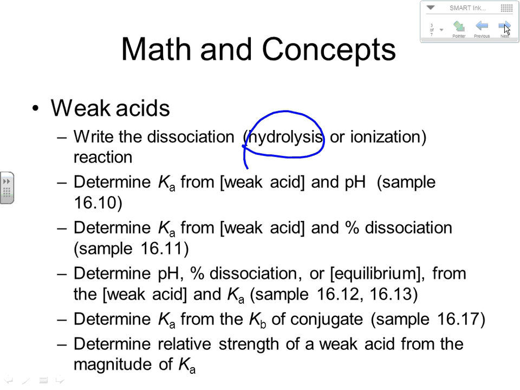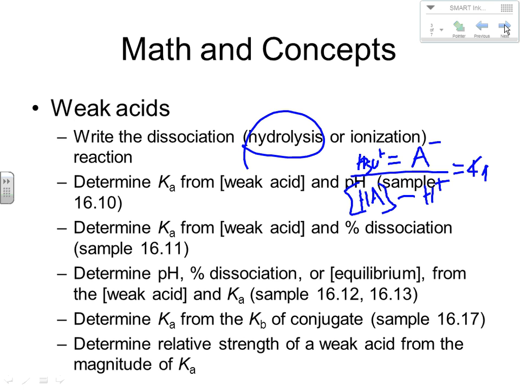You should be able to determine the Ka from the weak acid concentration and the pH, because remember, if we know the pH, we know the H3O plus, which is going to be equal to our anion, and those two multiplied over the weak acid concentration minus our H plus here, because we're talking about an acid. And we can then calculate the Ka from that. So be able to do that. Sample question number 10 from the chapter does that.